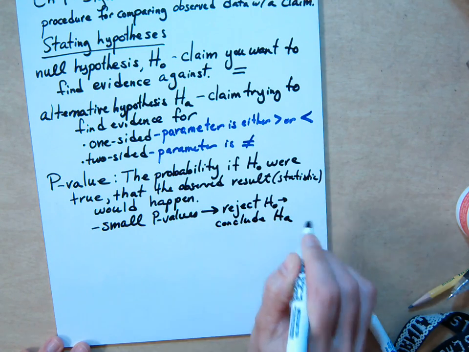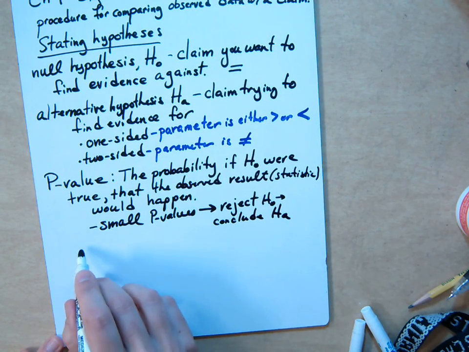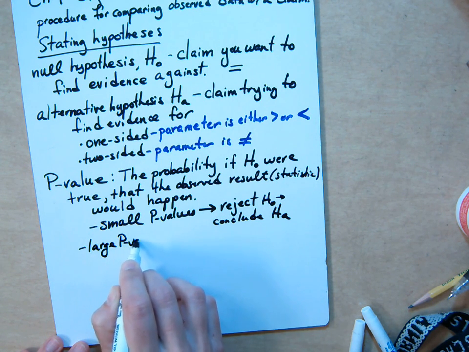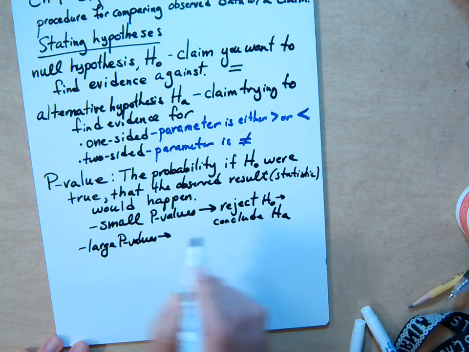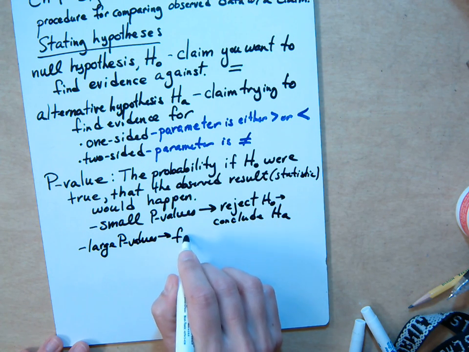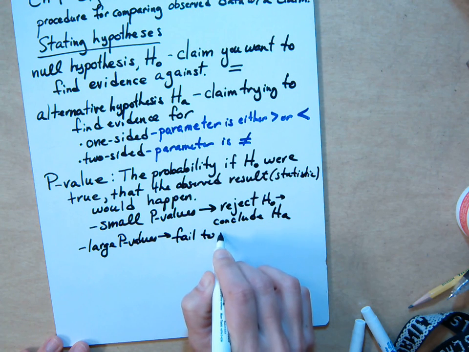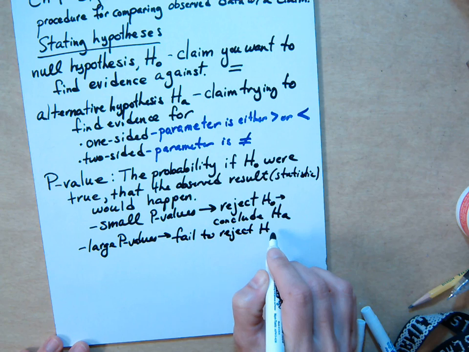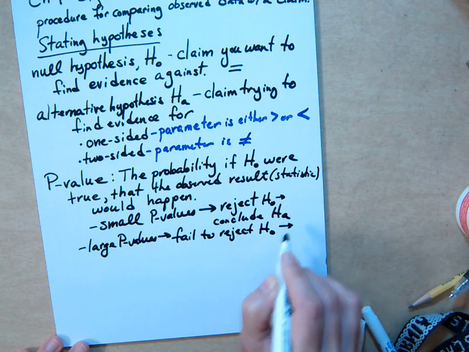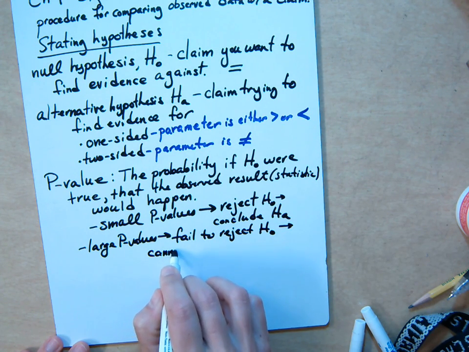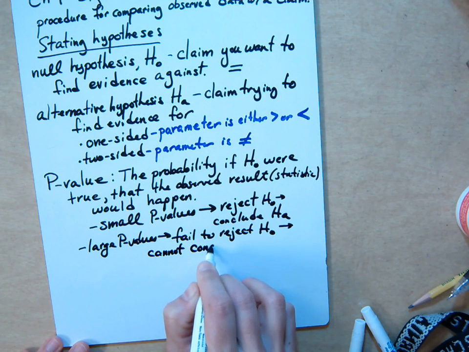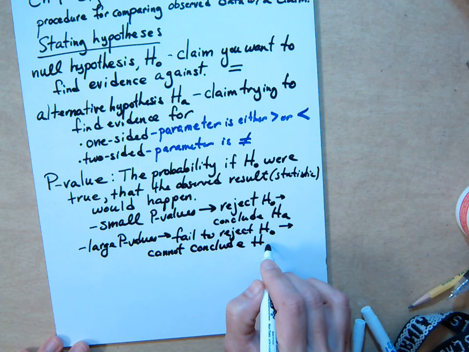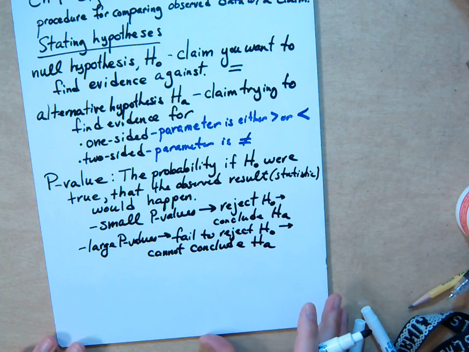For large p-values, we fail to reject H0. So we can't conclude anything. Cannot conclude H sub A.